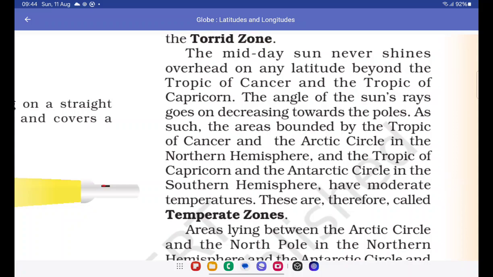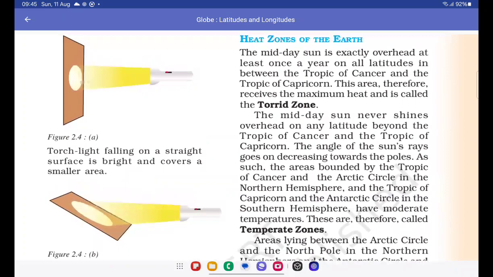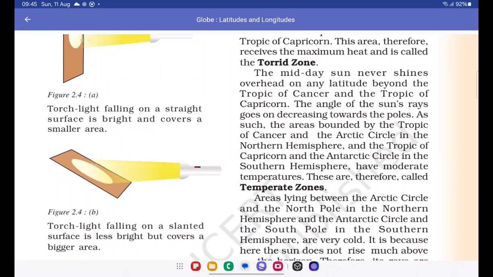The sun is never at a 90-degree angle at these points. If you're living in India or China or some of these countries, there is one point during the day at which the sun comes exactly overhead, forming a 90-degree angle with your head. But in these areas, the sun is never exactly above your head. It is always slightly slanted. The sun's rays are always slanting in these areas. They never shine exactly overhead.